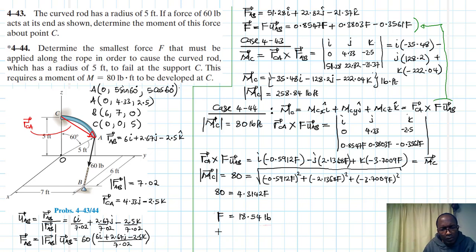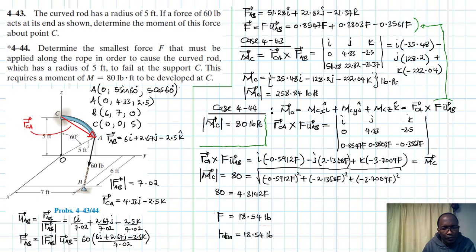Okay, so therefore F minimum is going to be equal to 18.54 pounds. Let me create a boundary here. Let me now outline the final solutions. Let me just move this a little bit down like so.